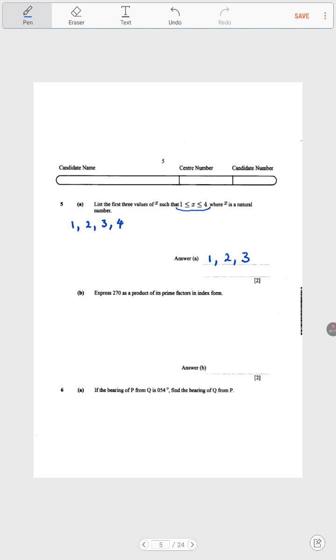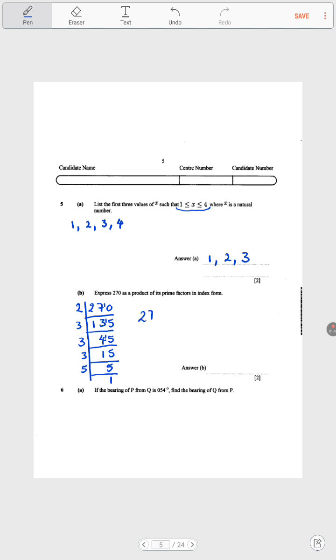Okay, so part B says express 270 as a product of its prime factors. So here we're going to write 270, and we are going to do the long division, starting with 2. Here that's 1, here that's 3, and here that's 5, and here is 3, here it's 4, and there it's 5. 3 into 45, that's 1, 5. 3 into 15, that's 5, and 5 into 5, that's 1.